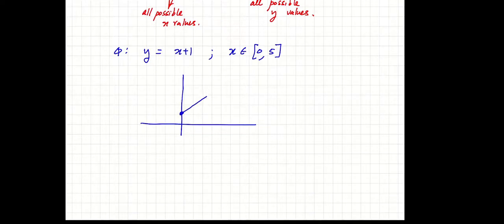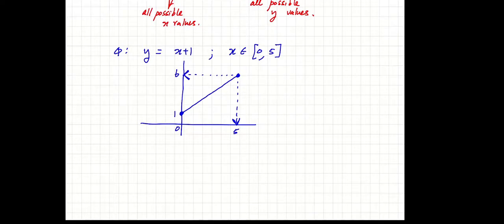If you have 5, it goes to 6, right? So it's 1 here, 6 here, 0 here, 5 here.